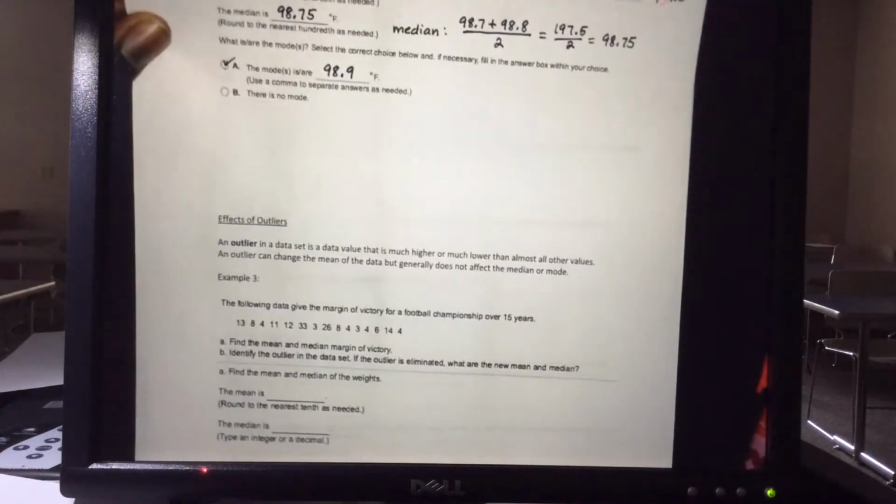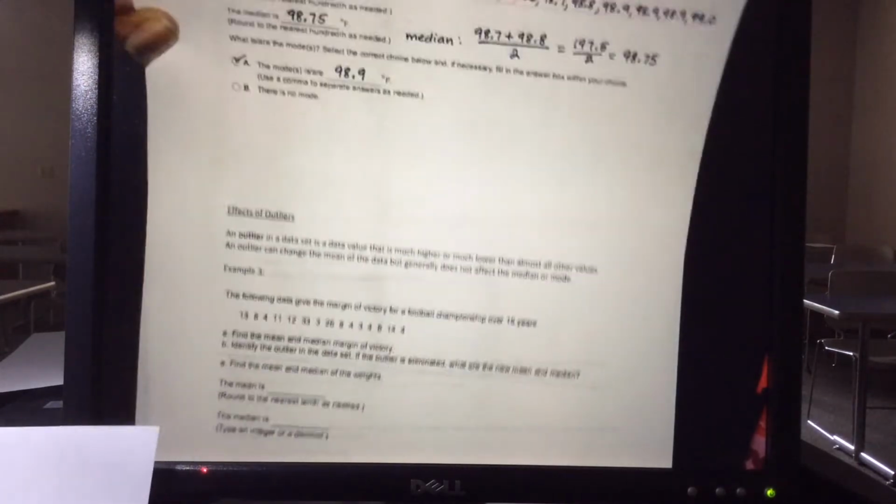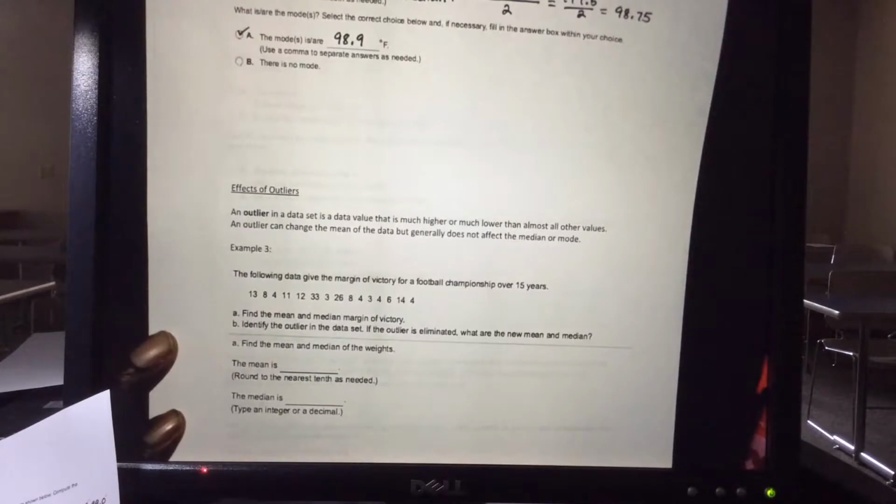Okay. All right, now let's talk about effects of outliers. An outlier in a data set is a data value that is much higher or much lower than almost all other values.